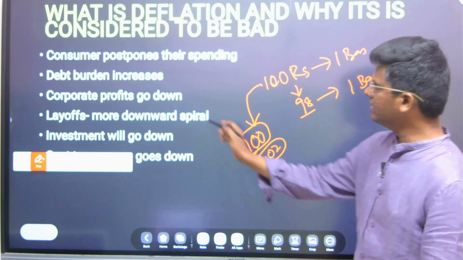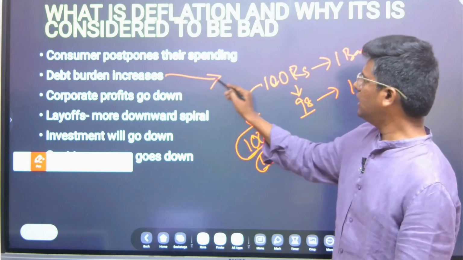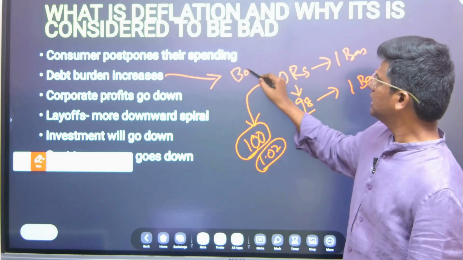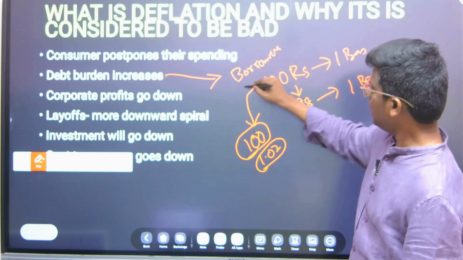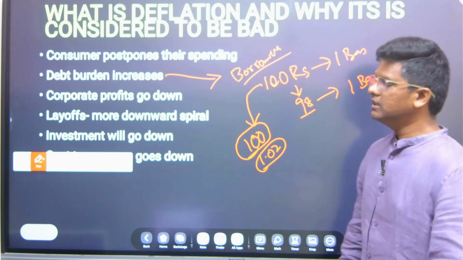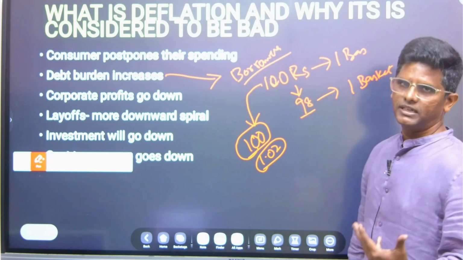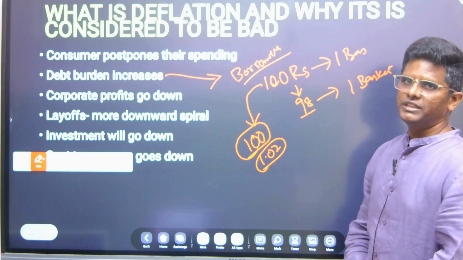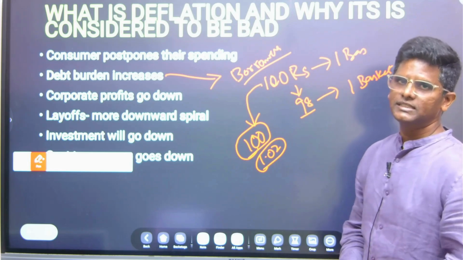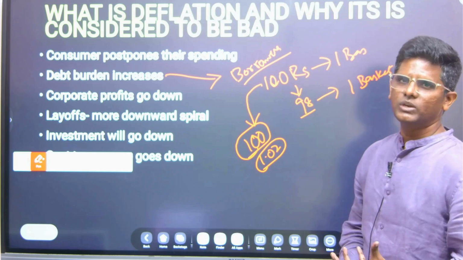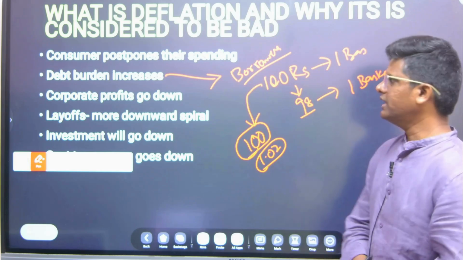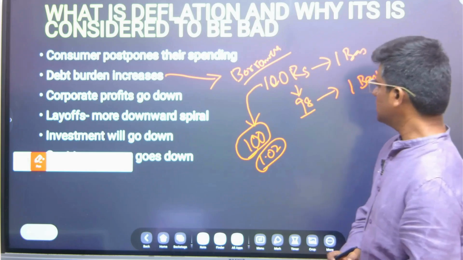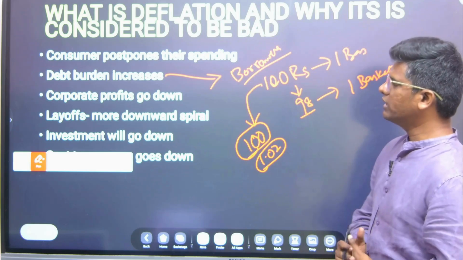So whenever there is a deflation, the borrowers will have more burden, but lenders will enjoy because the debt burden increases. So when the debt burden increases, the borrowing also will go down, and so the entire economy again takes a spin and loss. So this is one reason.